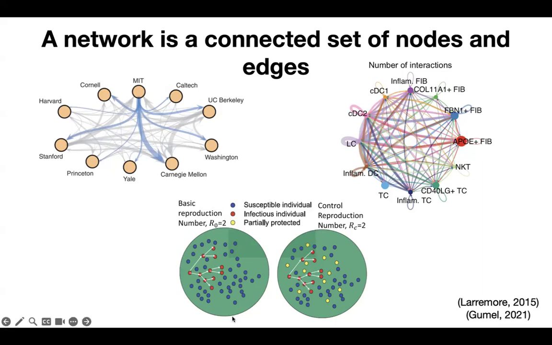Down here, we have a network from a paper that was looking at how COVID-19 spreads. So they used a network-based approach to assess how COVID-19 spreads through a community. And then up here, we actually have an output from CellChat. So the different dots in this circle are the different cell types that we have pre-labeled before running CellChat.